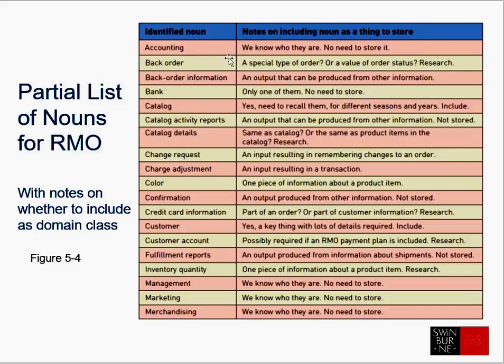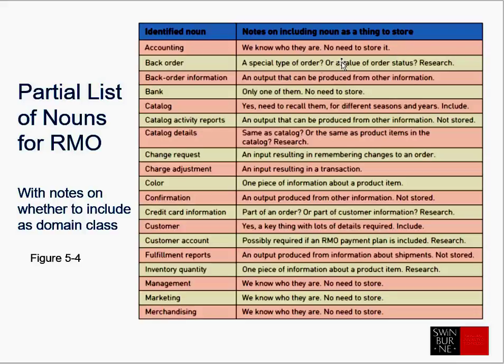In the notes section he said we already know about accounting, so we don't need to store it. The system we are developing at the moment is the consolidated sales and marketing system for Ridgeline Mountain Outfitters, so the business analyst thinks we don't need to store that information in that particular system.